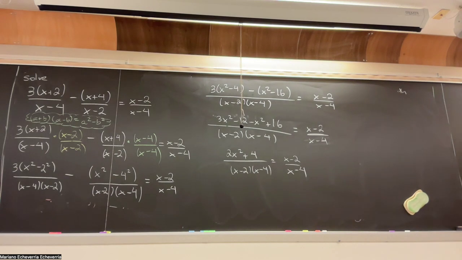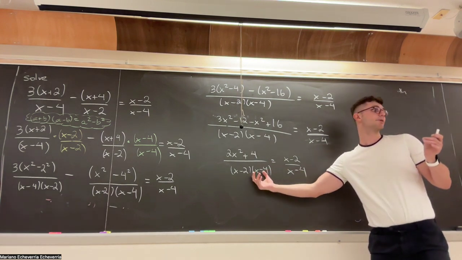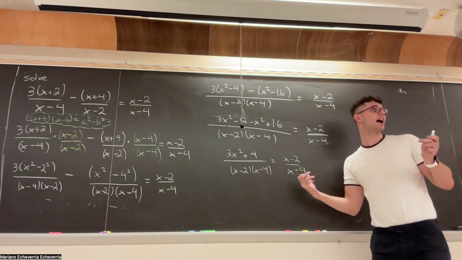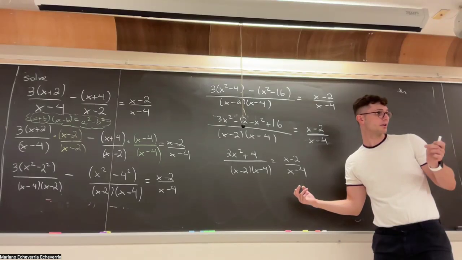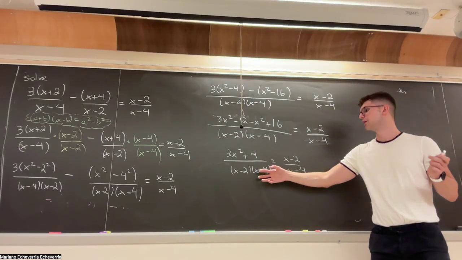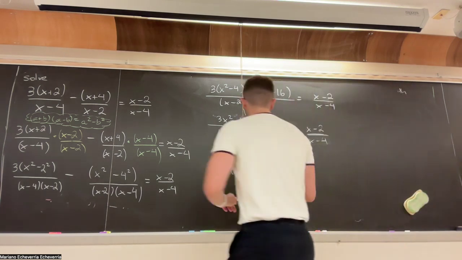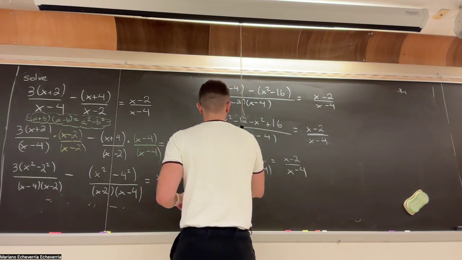Now, before doing that, there's something hopefully you will notice, because it will make your life easier, which is that there's an x minus 4 on the left side and the right side of the equation, right? In both denominators. So what you can do, for example, is multiply by x minus 4 on both sides before doing any further simplifications. So let me do that.